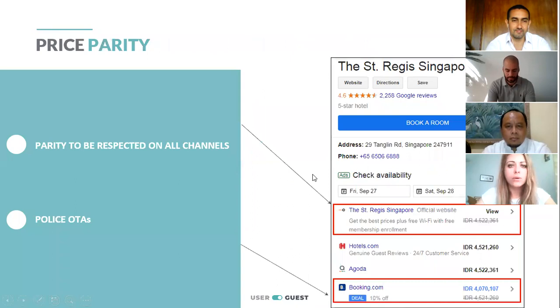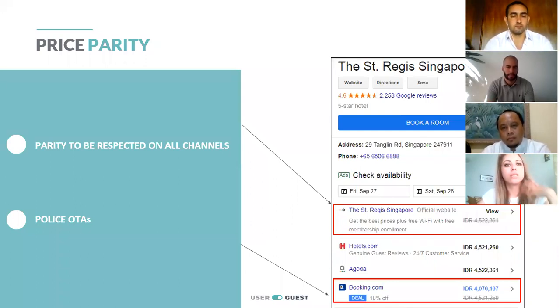All right, so another very important thing that we wanted to cover is the price parity. You know how important it is to actually have the same rate displayed on your website as on the OTAs. Of course, a lot of people find your hotel either from your marketing initiatives or through the actual OTAs themselves.